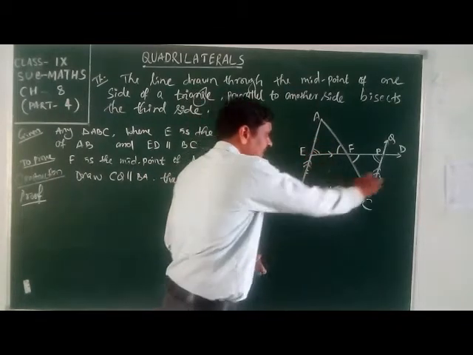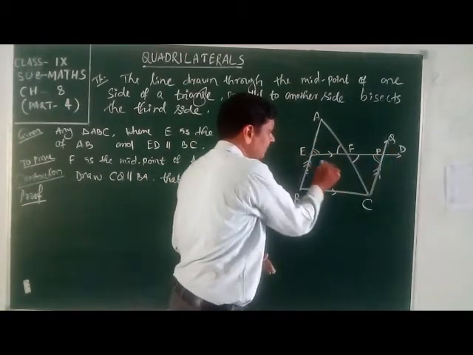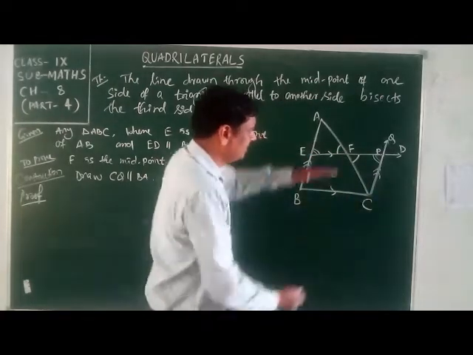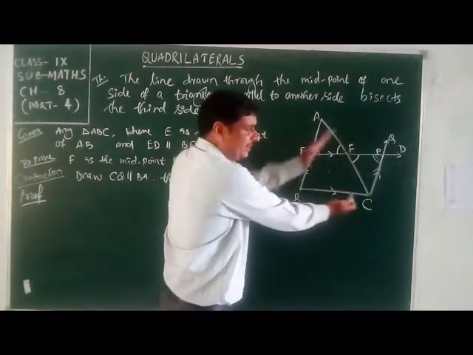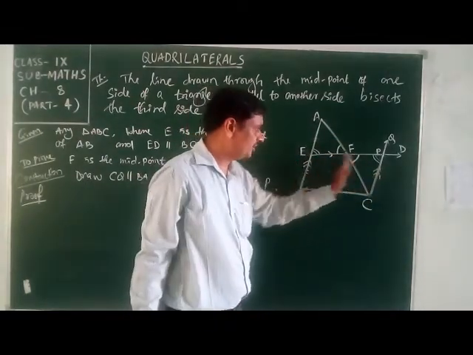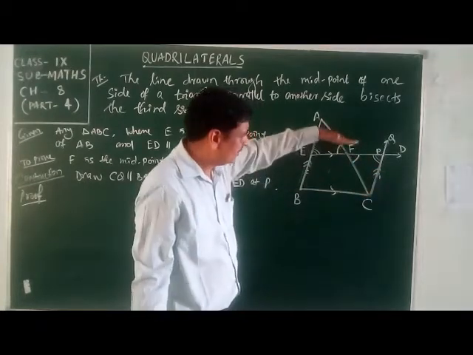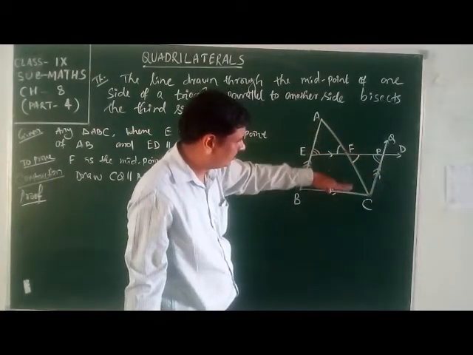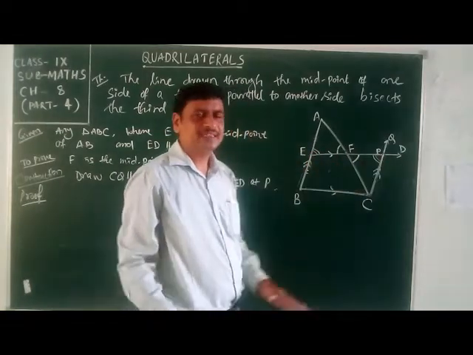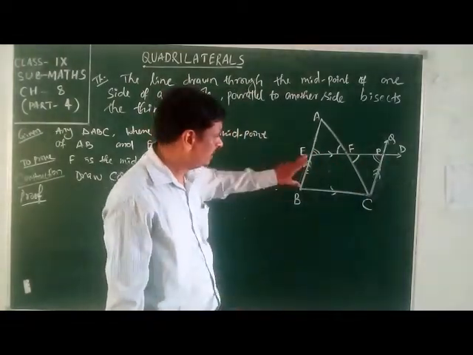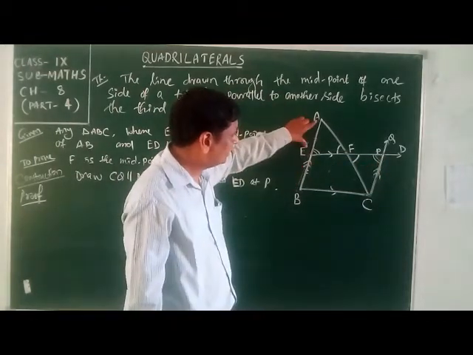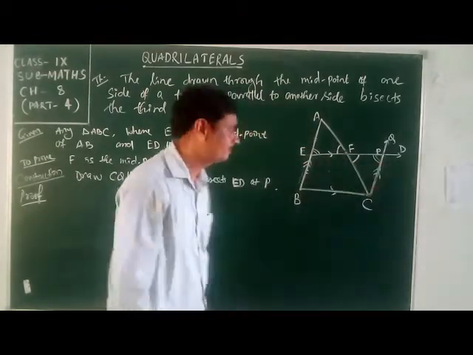So BE parallel with CP, and EP parallel with BC. So BCPE is a parallelogram. Since it is a parallelogram, BE equals CP, but BE equals AE, so AE equals CP.